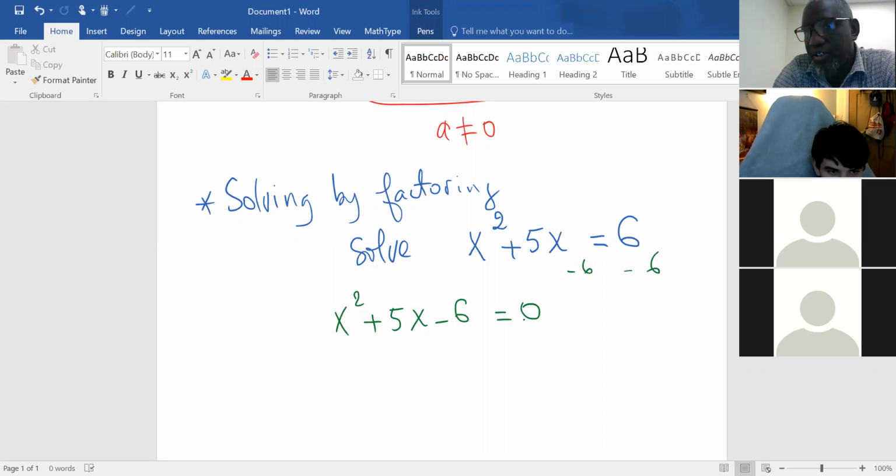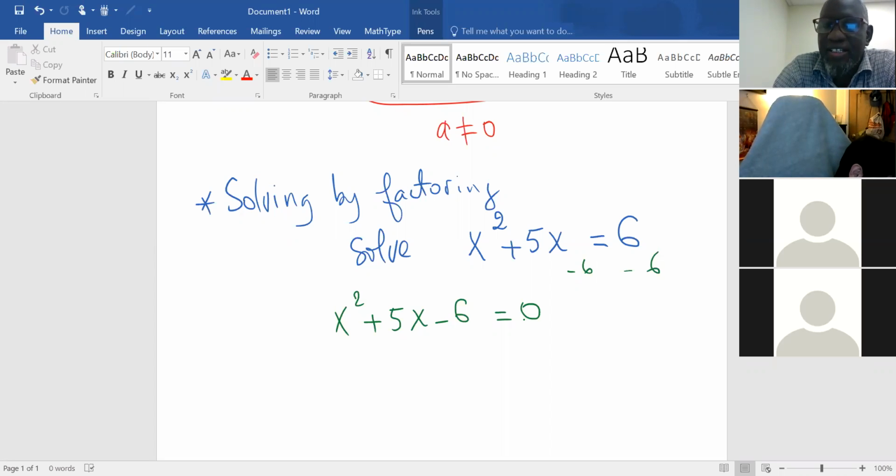Okay, the product is good, but the sum is not good. So the thing is, we don't rush. Whatever numbers we propose, we make sure they are the right ones. Then we go to 6 and negative 1. 6 times negative 1 is negative 6, and 6 plus negative 1 is positive 5. That is good, right? So we just don't rush.